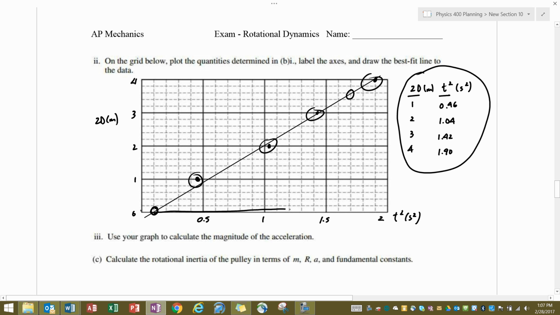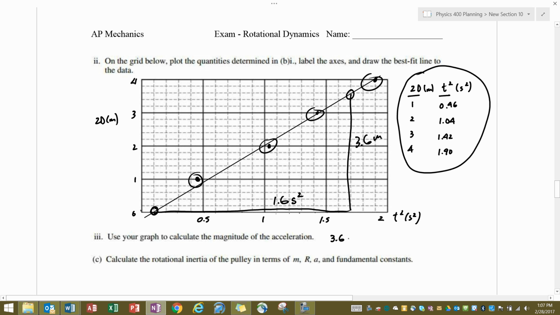So then I have this run and this rise. So my rise would be 3.6 meters. And my run would be 1.6 seconds squared.